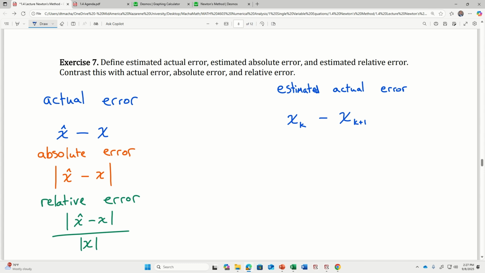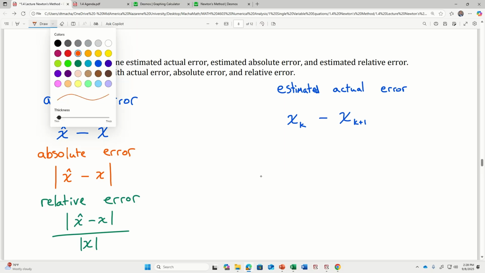Well, I can't just subtract xk plus 1 minus xk plus 1. It will always tell me 0 every time. So what do I do? I go back one iterate and find the difference between my iterates. If the difference is really small, then it probably means I'm getting closer to the answer. If my difference is really big, it probably means I'm pretty far away from the answer. So that's estimated actual error.